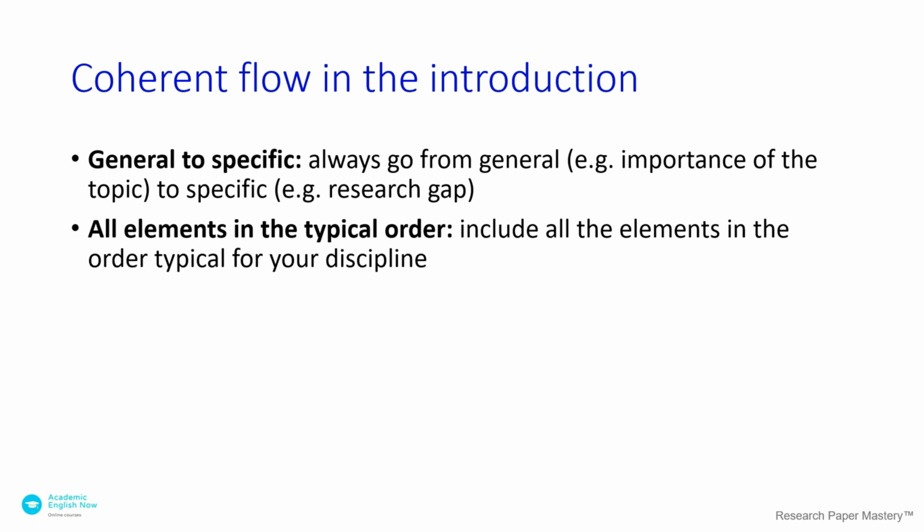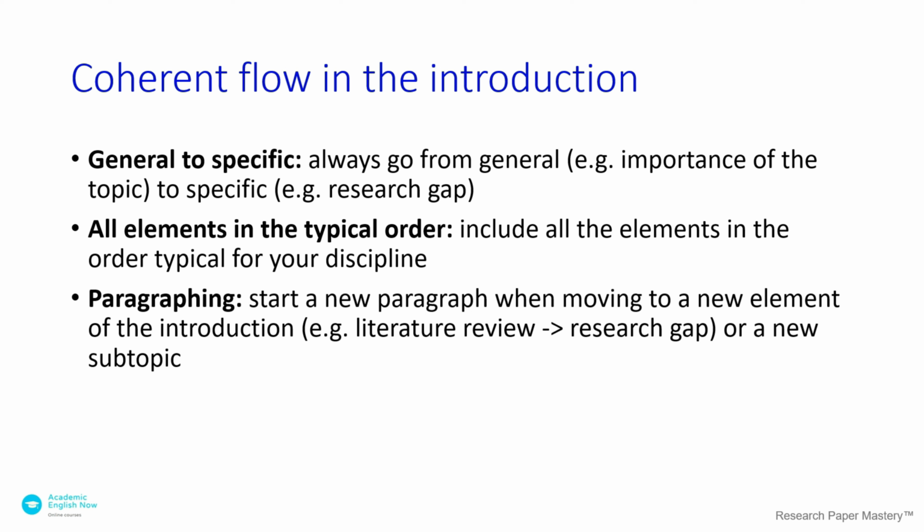Now, you also want to include all the elements in the typical order for your discipline. So if there is some slight variation in your discipline, then you want to follow it, because if most people in your discipline do it like that, then you also want to follow that pattern. And also paragraphing.